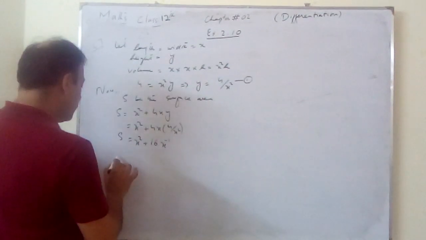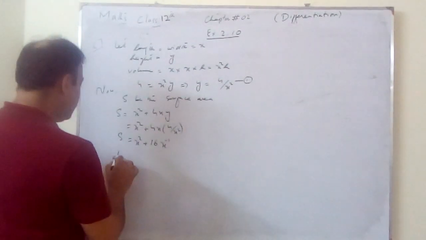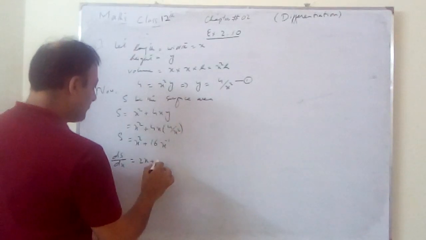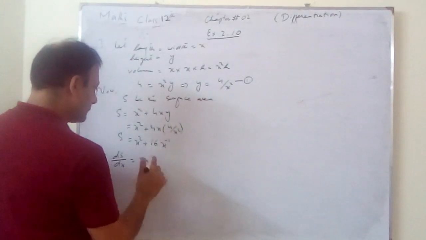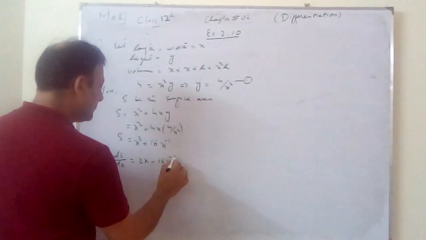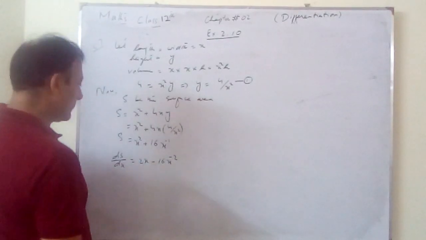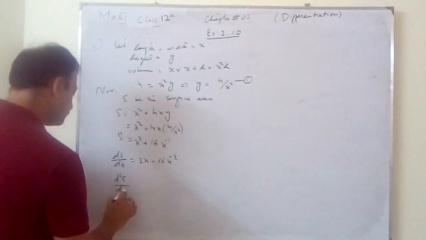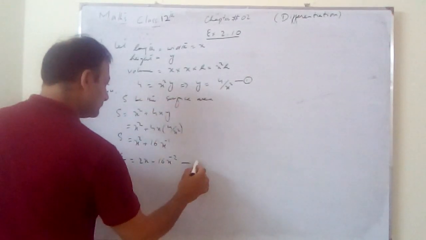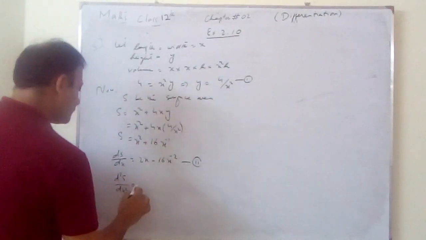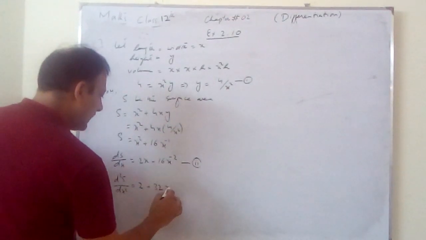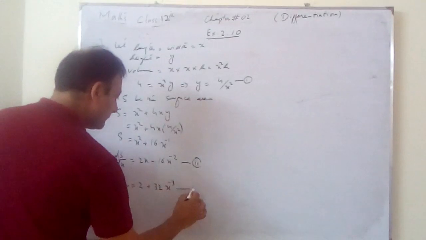Differentiate with respect to x. So ds by dx is equal to 2x minus 16 x power minus 2. Second derivative, plus 32 x power minus 3.